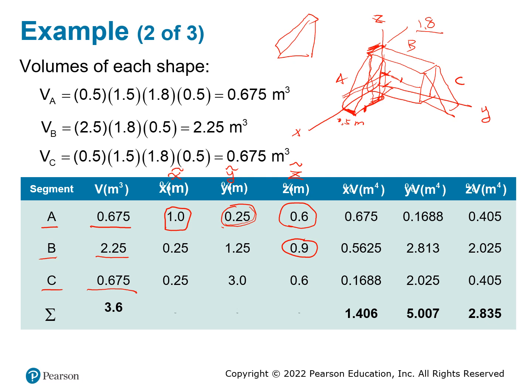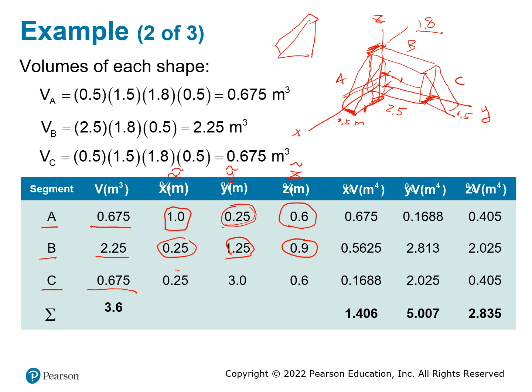I'm guessing the width of this one is 2.5. So the middle of this one is 1.25. And for the x-axis, it depends on the thickness of this one here. The thickness is 0.5, so half of that is 0.25.